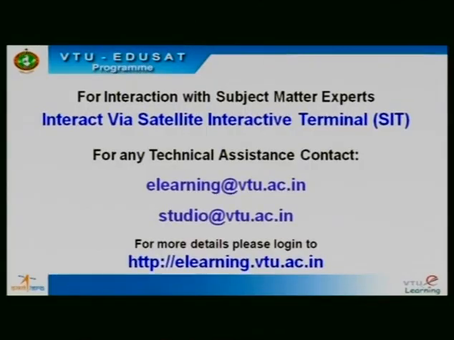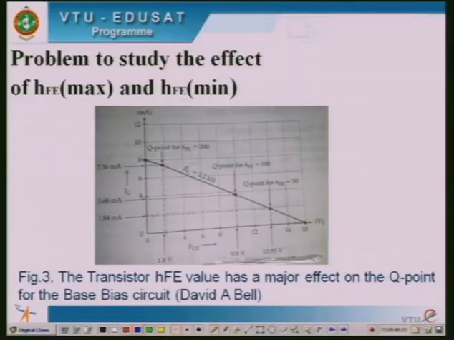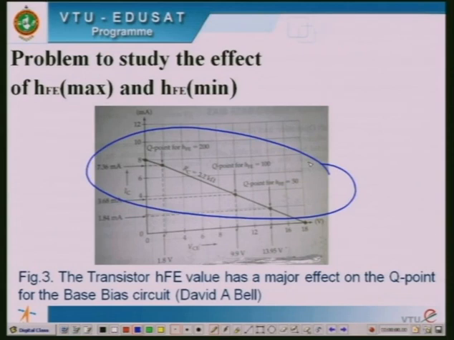And what we did today, we studied the fixed bias in detail, and we have already studied the effect of changing the HFE or the current gain from minimum value to maximum value. We have taken 3 different values. In figure 3, we have shown 3 different operating points, and the operating point is uncertain in fixed bias.